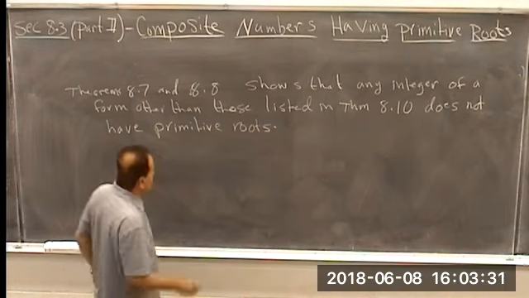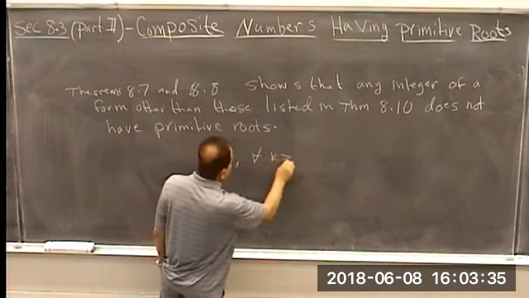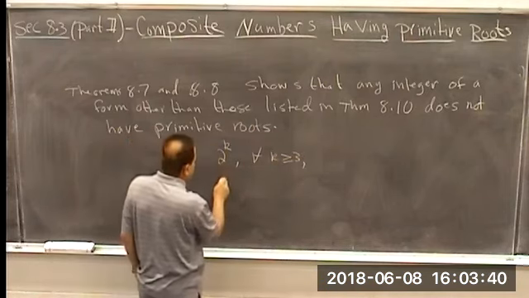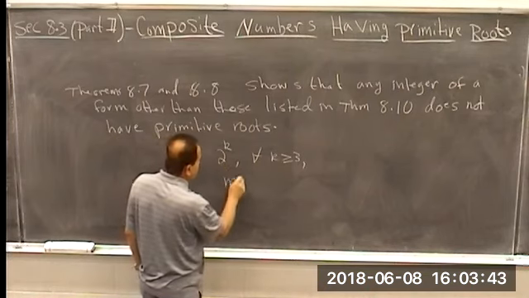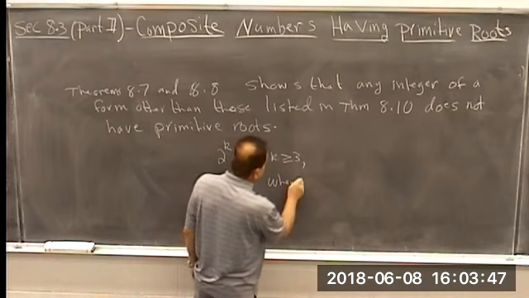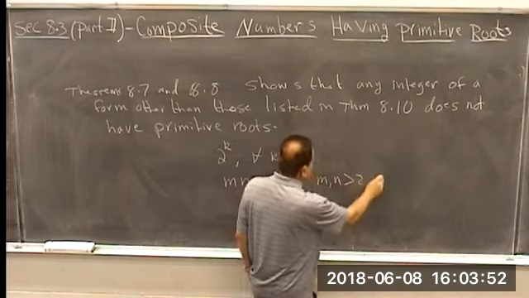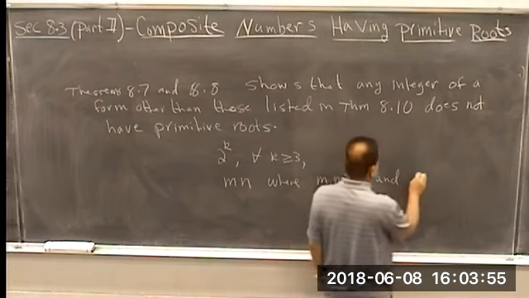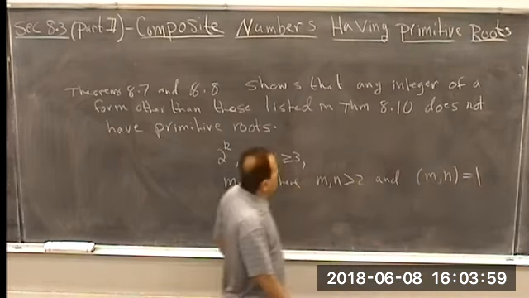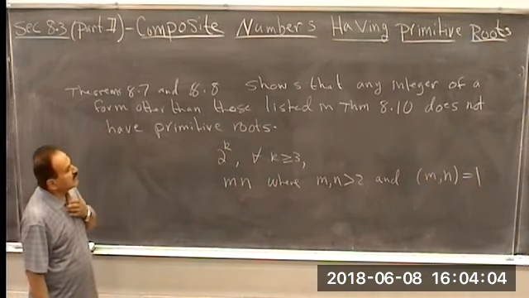And remember, these are 2 to the k for every k bigger than or equal to 3. And also we have the corollary to tell us that where m and n are bigger than 2 and relatively prime, any product of these is taken care of for all of the other numbers.